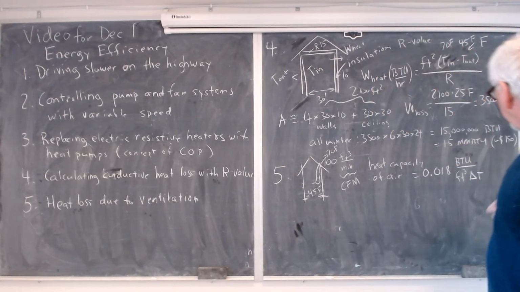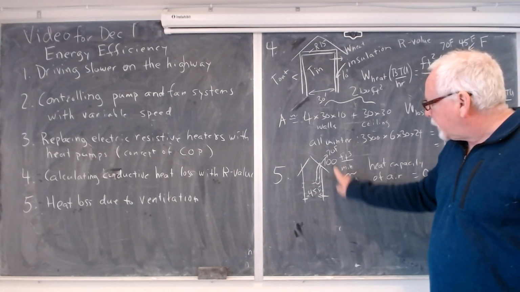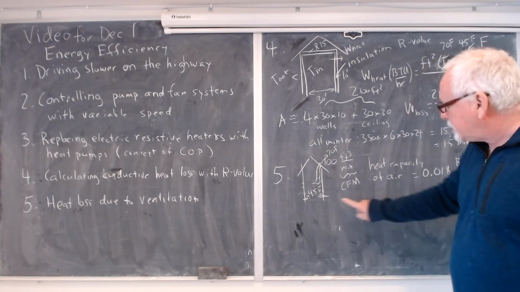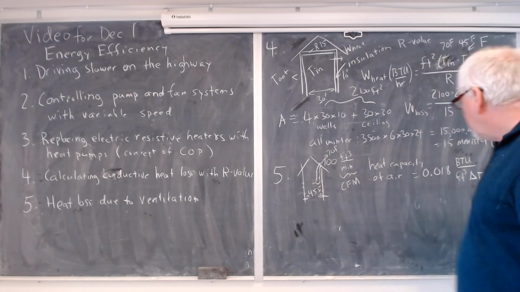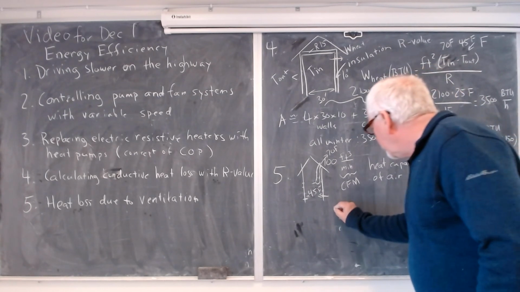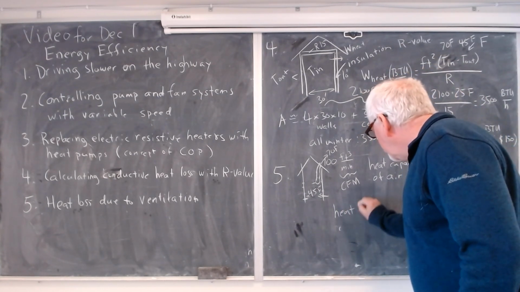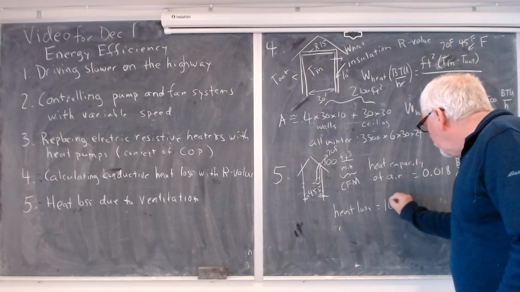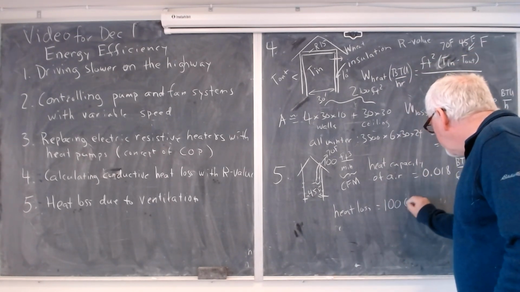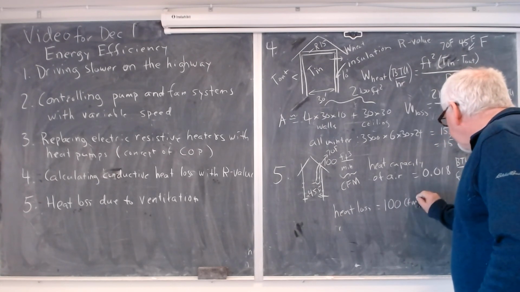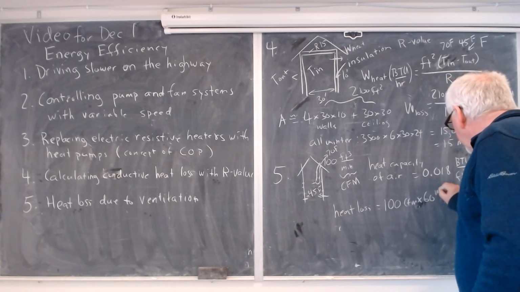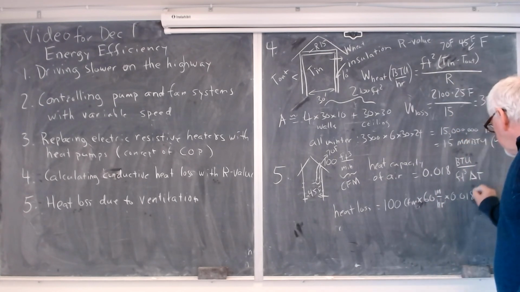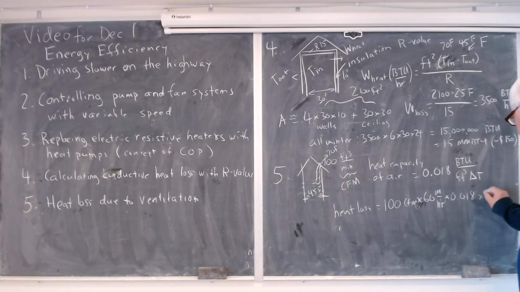And so delta T is the difference between inside and outside again, because the heat capacity is how much heat it takes to heat up that air that's coming back in. Okay, so the heat loss of this situation is equal to 100 CFM, which is a standard bathroom exhaust fan, multiplied by 60 minutes per hour, times 0.018, times 25.